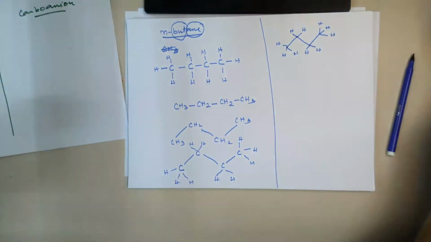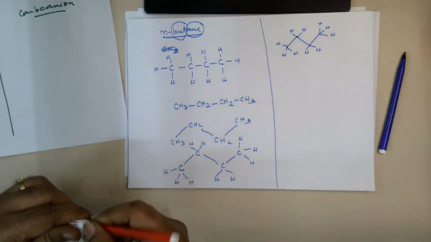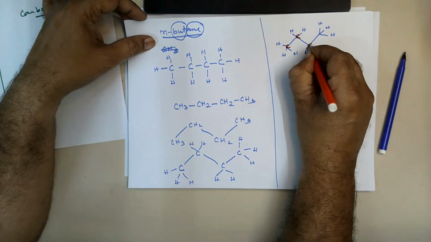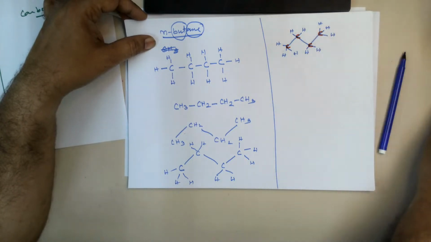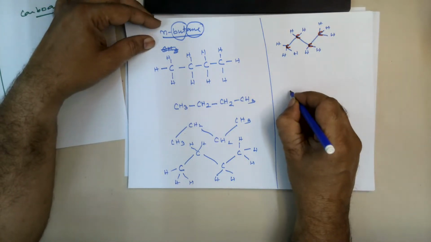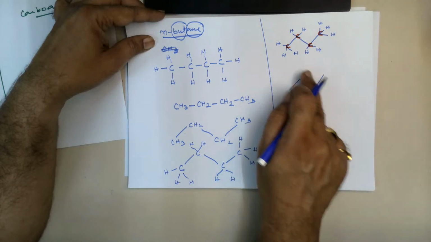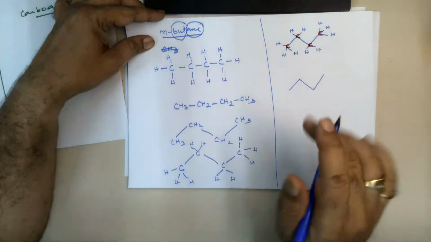So at each corner, each edge, you have carbon. And this is further simplified: if you write like this, it is understood this is CH3, CH2, CH2, CH3.